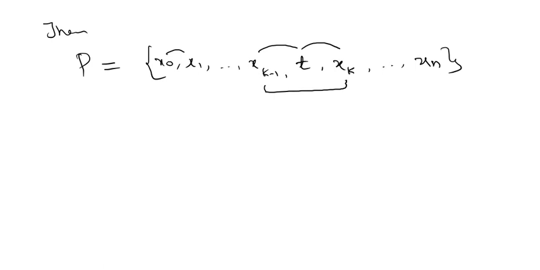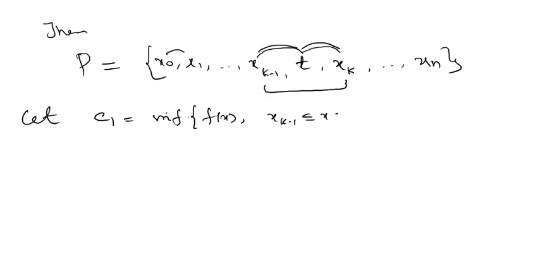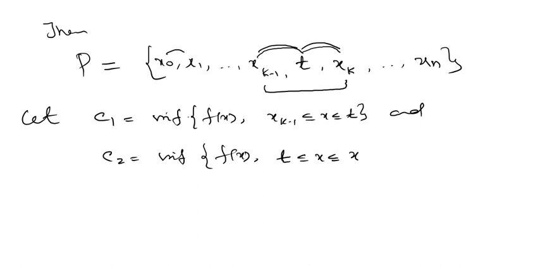So let's fix the infimum for these two intervals. For these two intervals let c1 be the infimum of f(x) over the interval where xk-1 less or equal to x less or equal to t, and c2 the infimum of f(x) where t less or equal to x less or equal to xk.